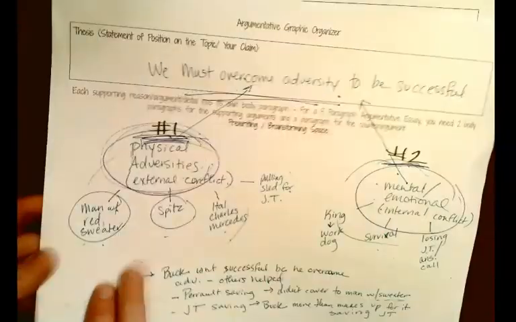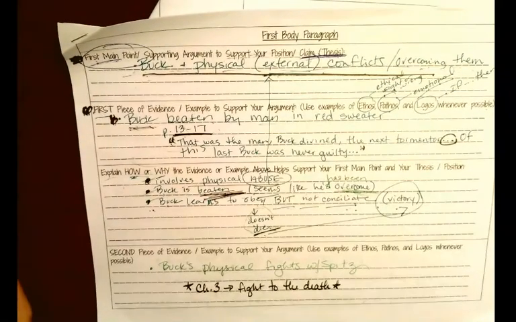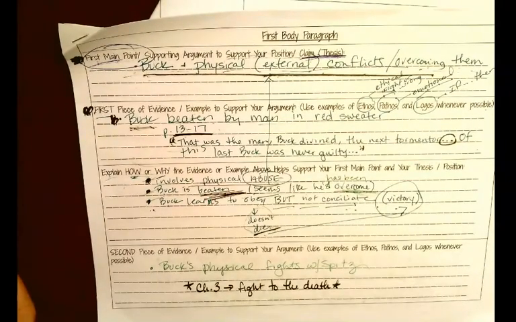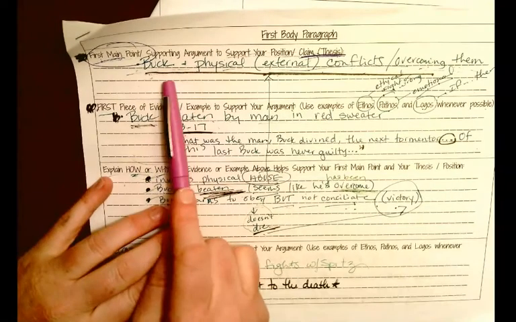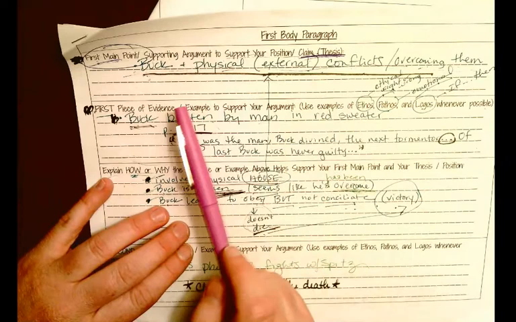So this was my original organizer. Then I go and I take a look at my outline. So again, the first point that I was trying to make is right there.